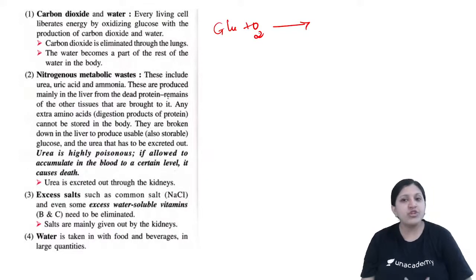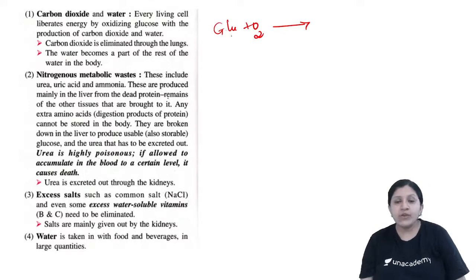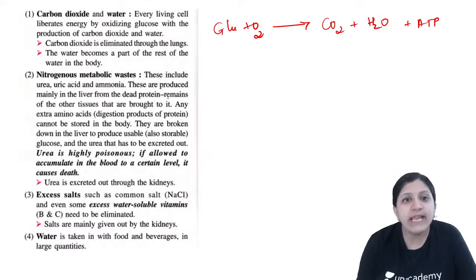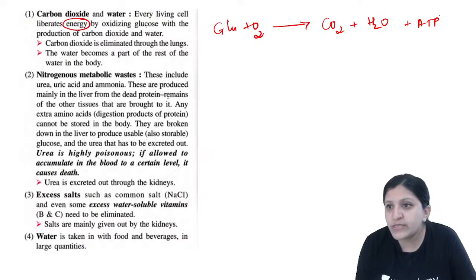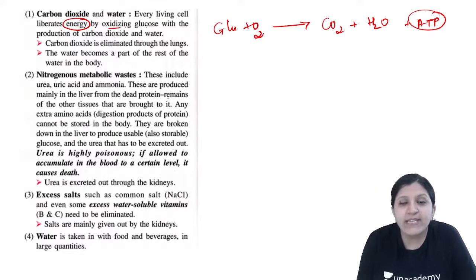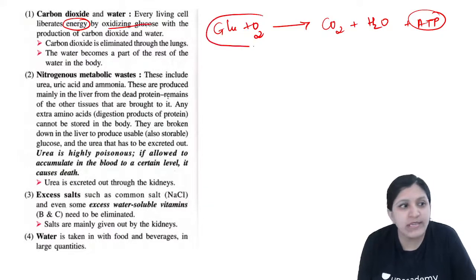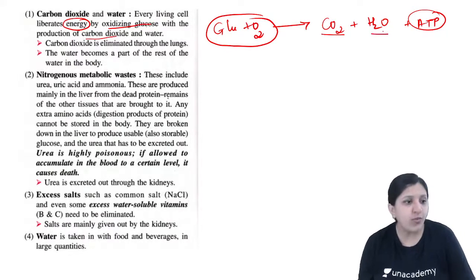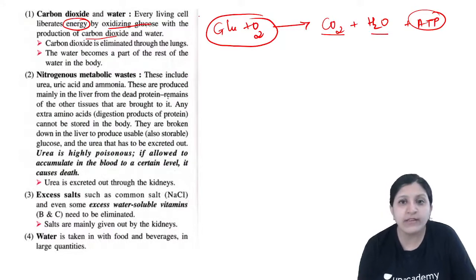Oxidation of glucose occurs, carbon dioxide and water are formed, and ATP, adenosine triphosphate, the energy, is generated.